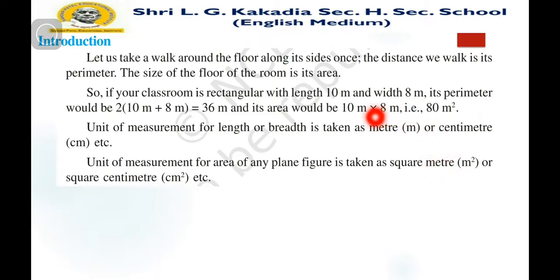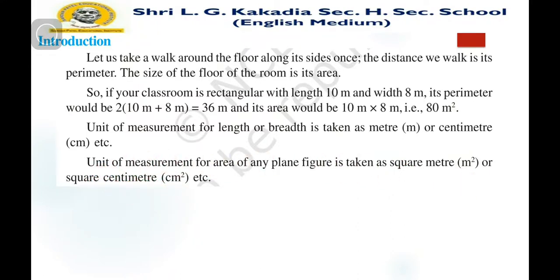Why square meter? Because meter and meter are multiplied. So meter into meter is meter square. So we take the unit of any area as square meter or square centimeter.